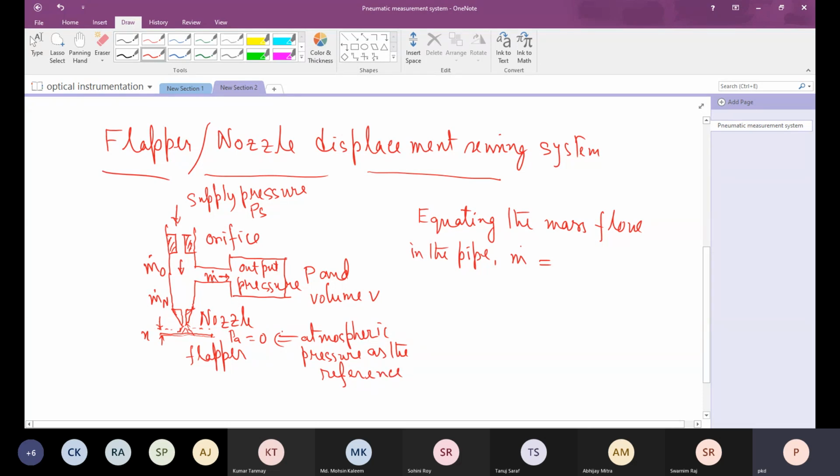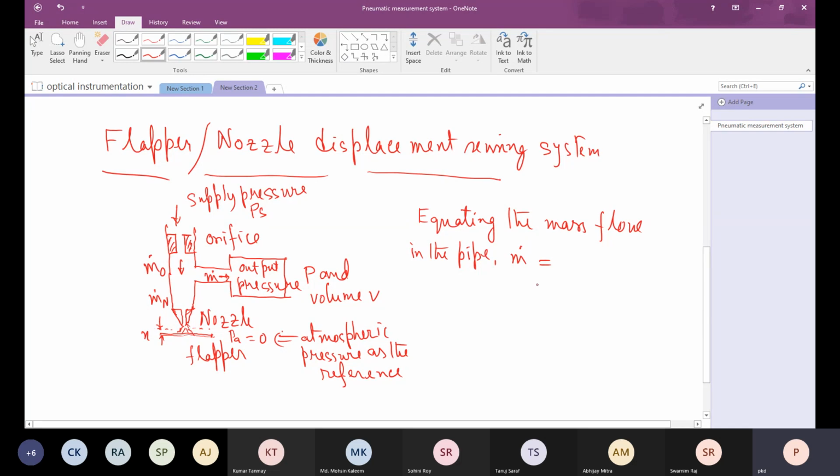So the pressure that will be transmitted to this output port will depend on this mass flow Mn. That can be found out from this.